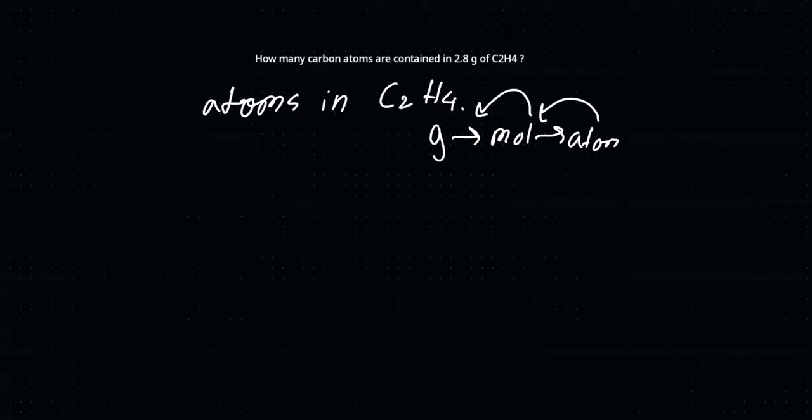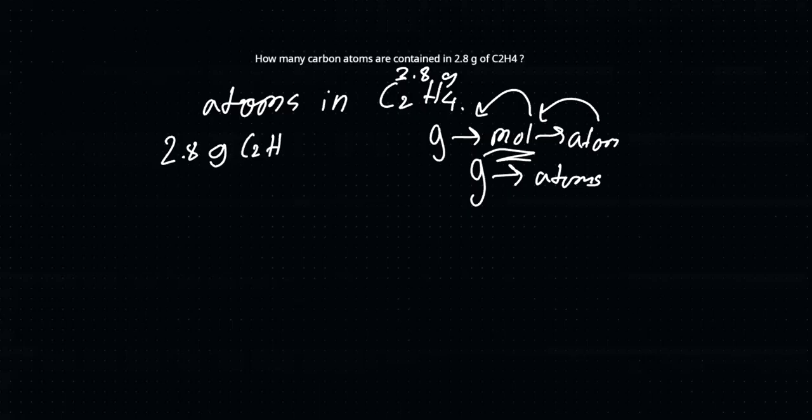There's no way to ever go from grams to atoms, and that's why we have the mole. So now let's see how many atoms are in C2H4, specifically 2.8 grams. Let's convert these grams to moles, so 2.8 grams C2H4.